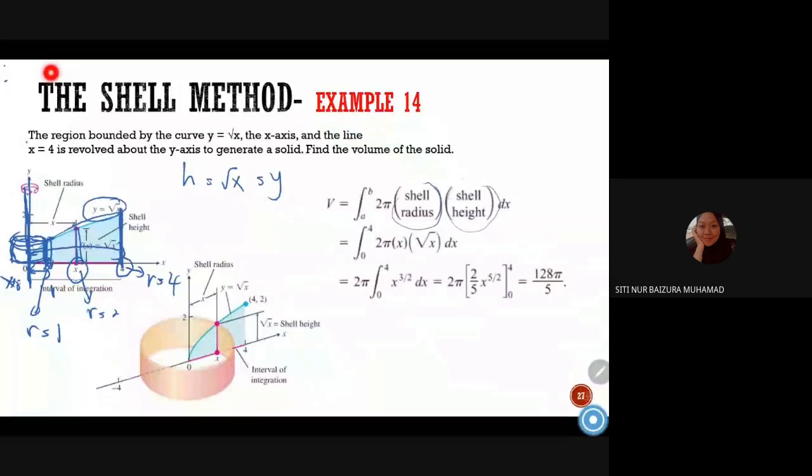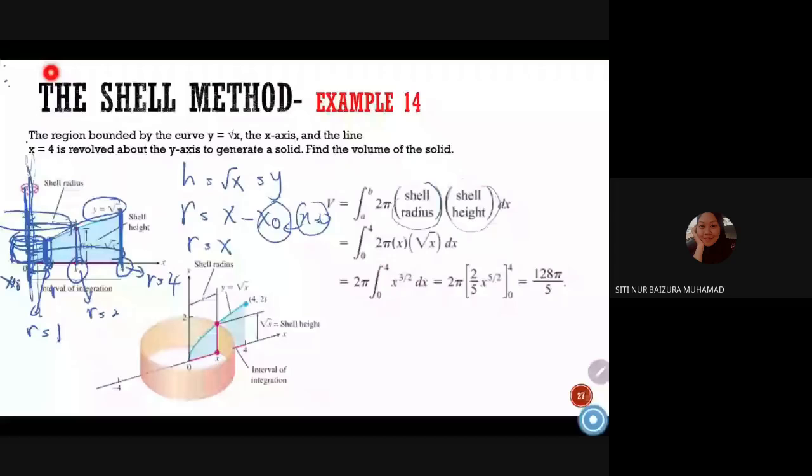So in this case, maknanya you punya r is equals to your x. Actually, you punya r adalah x tolak with x naught. X naught ni adalah kita punya y-axis, x naught ni adalah x equals to 0. So that's why your r is equals to x.